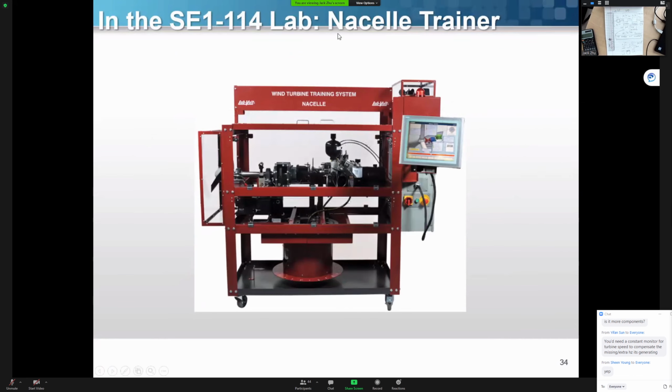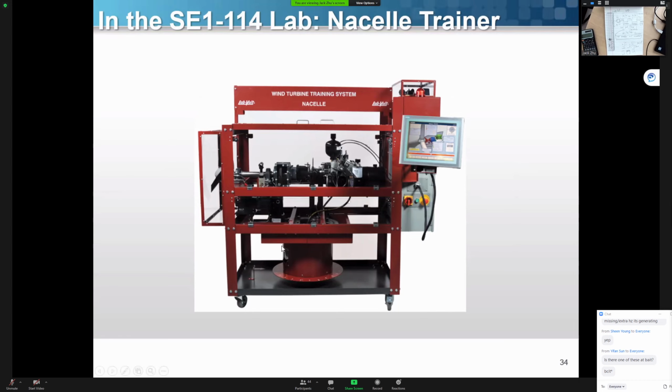Here is the nacelle simulator or trainer. I think someone asked this question before. Yeah, this is the one at BCIT.